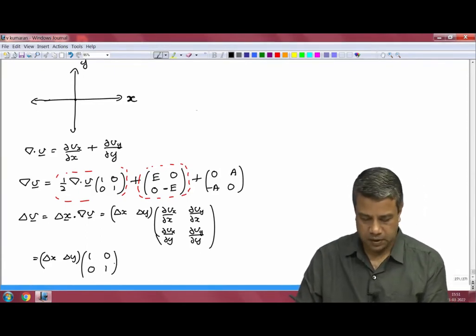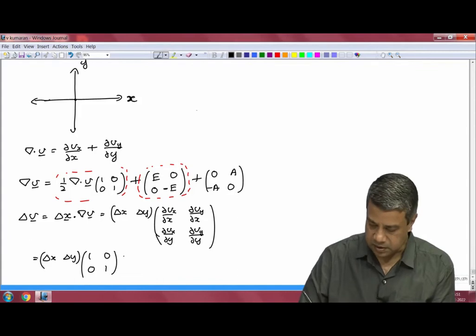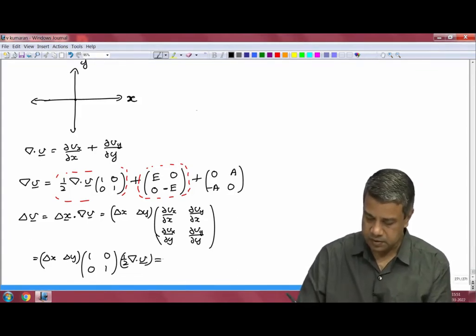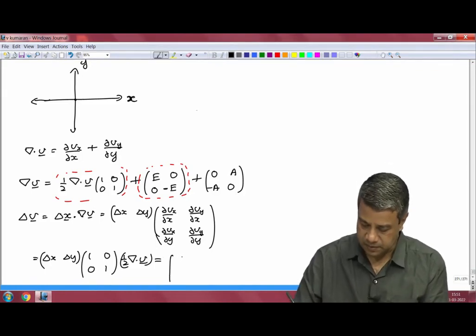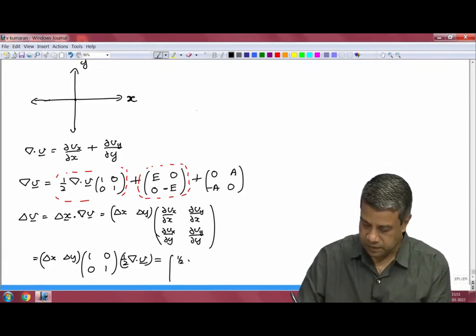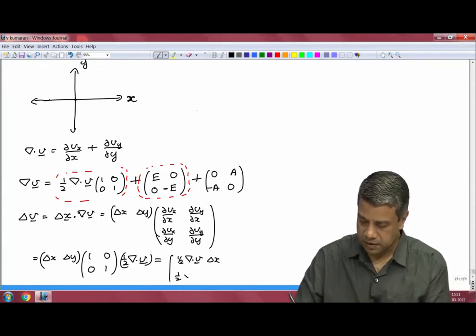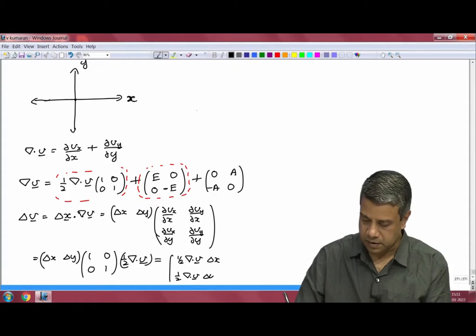Into this isotropic part, that is half del dot V. This will give me the matrix, half del dot V delta x and half del dot V delta y.